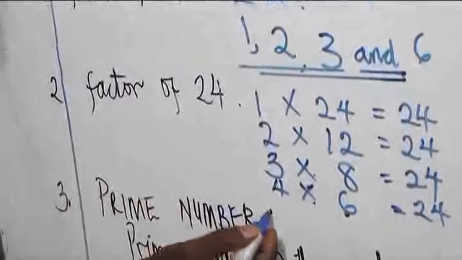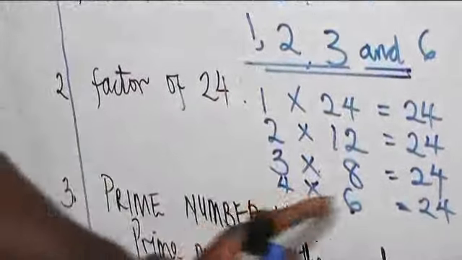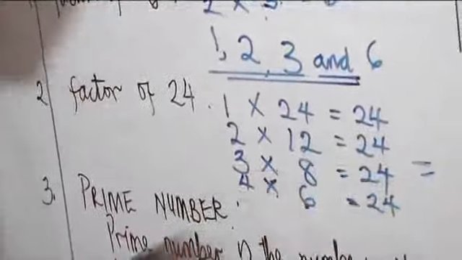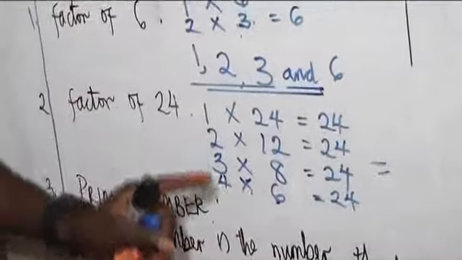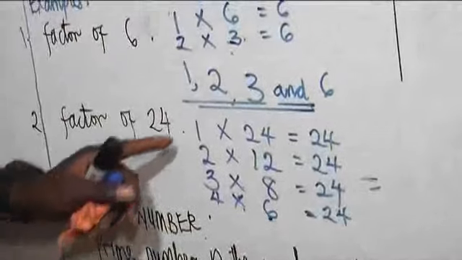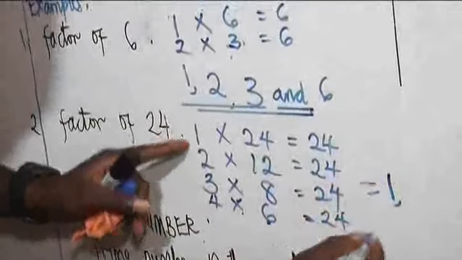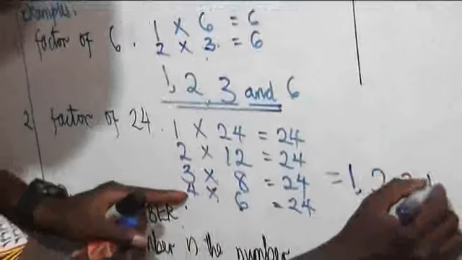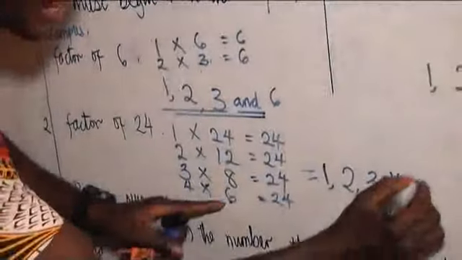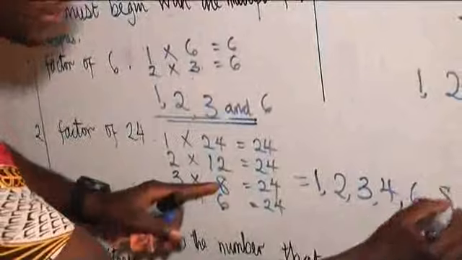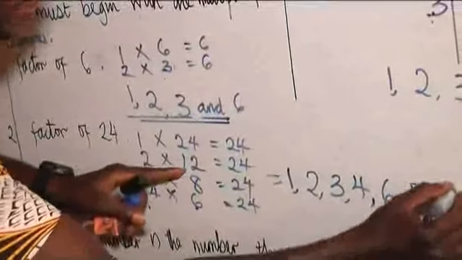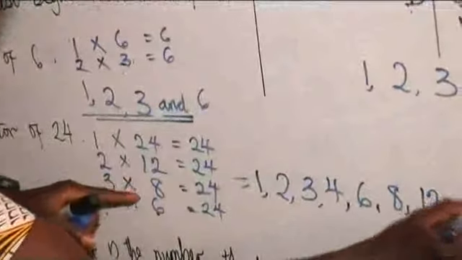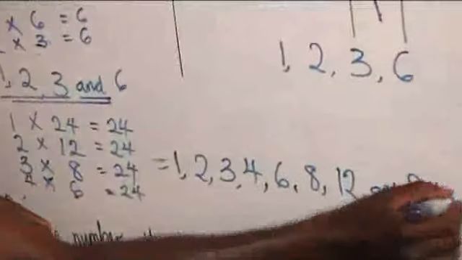Now, after that, then we highlight and bring out all our factors. So let's use this place. So therefore, the factors of 24 are 1, good, 2, 3, 4, okay, 6, 8, 12, and 24.